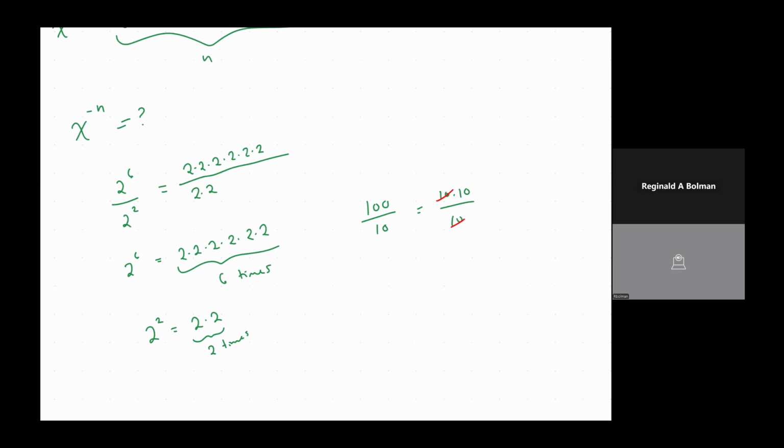Because 10 times 10 over 10 is the same thing, using the rules of rearranging fractions, as 10 divided by 10 times 10 over 1. Of course, 10 divided by 10 just gives you 1. So at the end of the day, you have 1 times 10, or just 10.